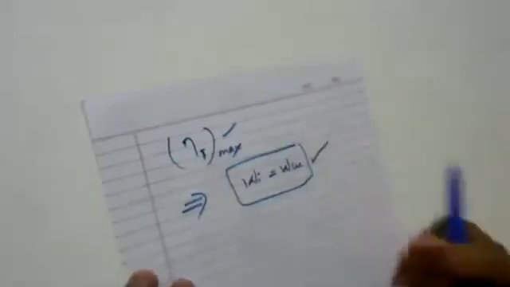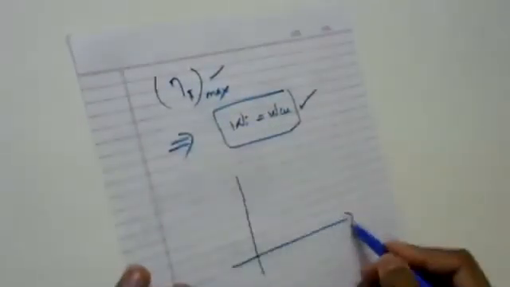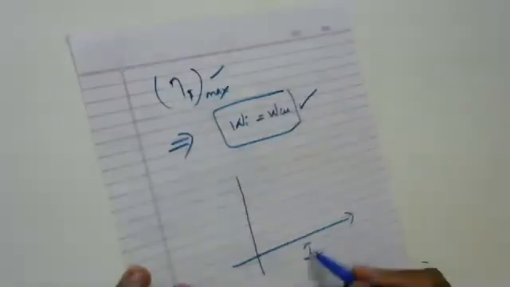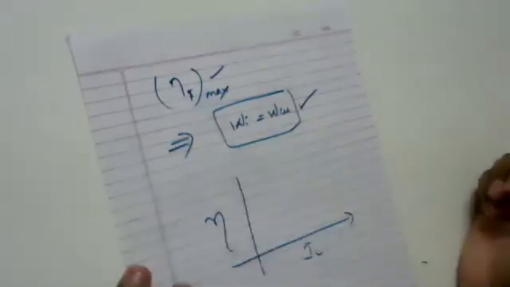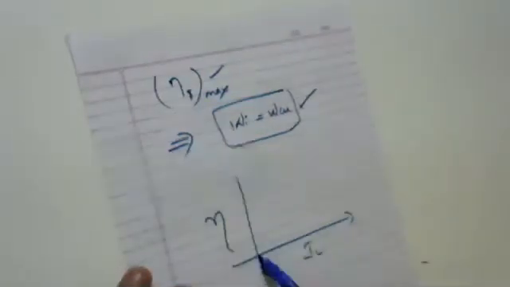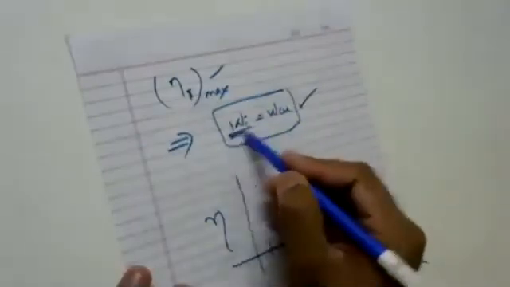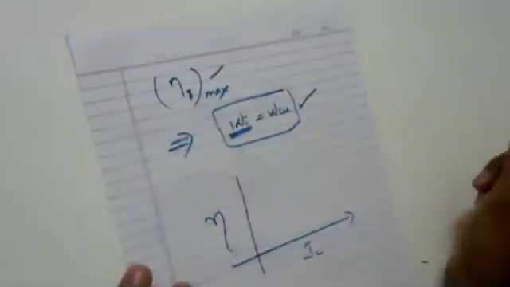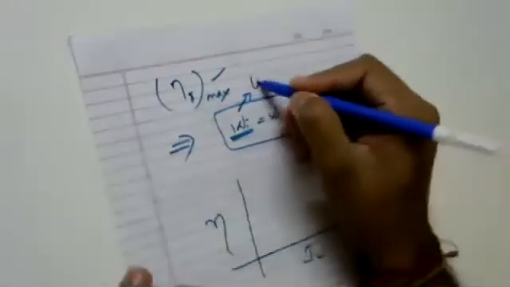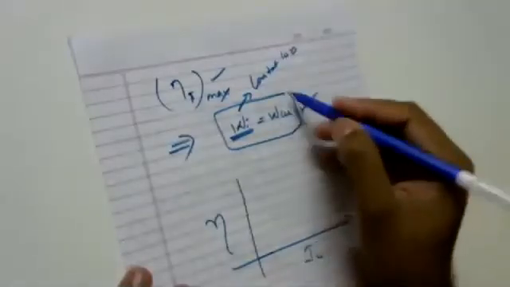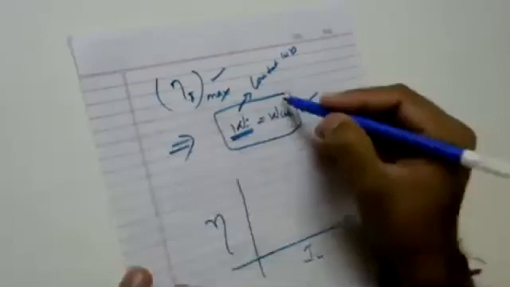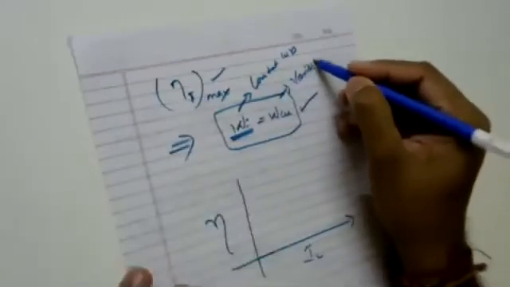Now I'll make you understand something which is more interesting. When I plot a graph of load current or secondary current versus efficiency, one thing you should understand: the iron loss is called the constant loss, and the copper loss WCU is called the variable loss.